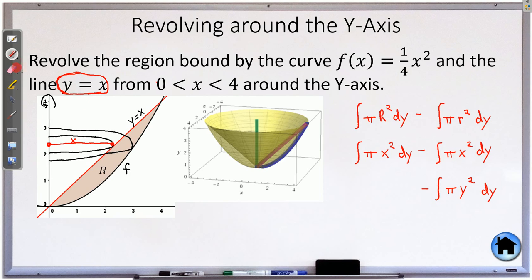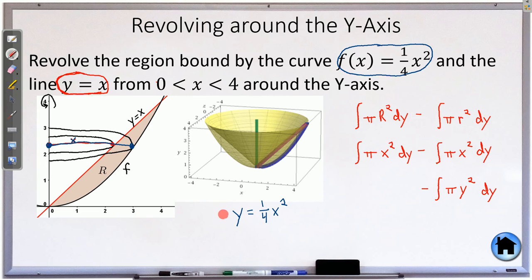All right, now the other one has to use the x from the other equation. So this radius goes from here all the way out to there. That is again an x value, but it's the x value from this equation, not the linear one. And so we're going to take that equation, y equals 1/4 x squared, and solve for x on that equation.